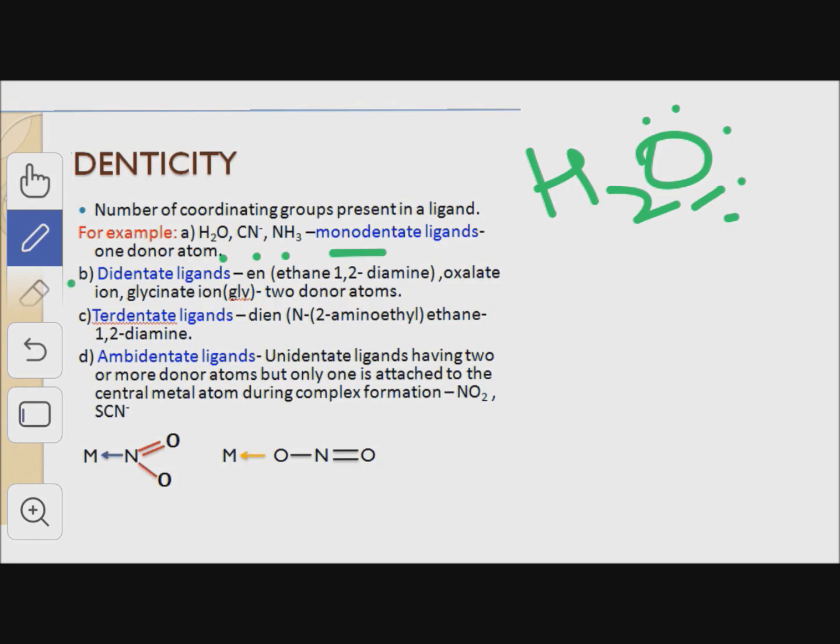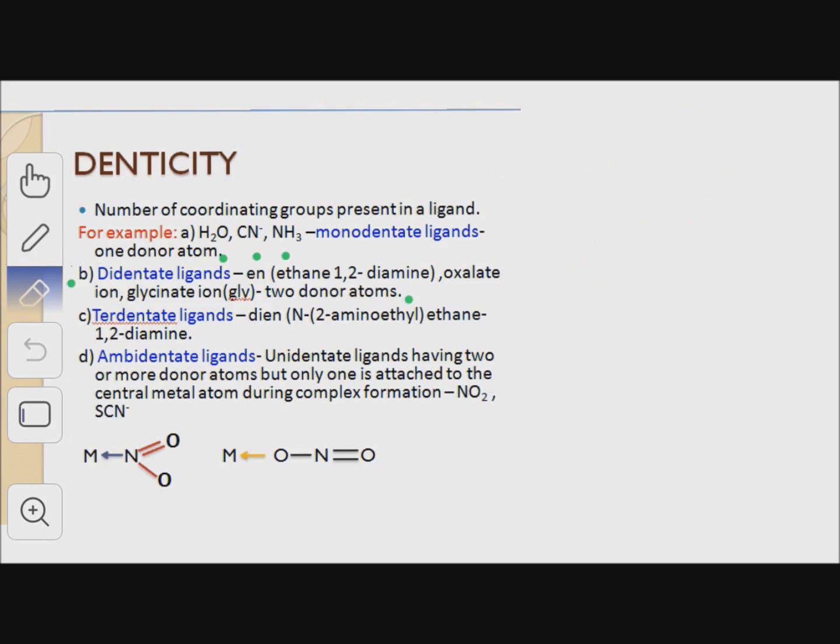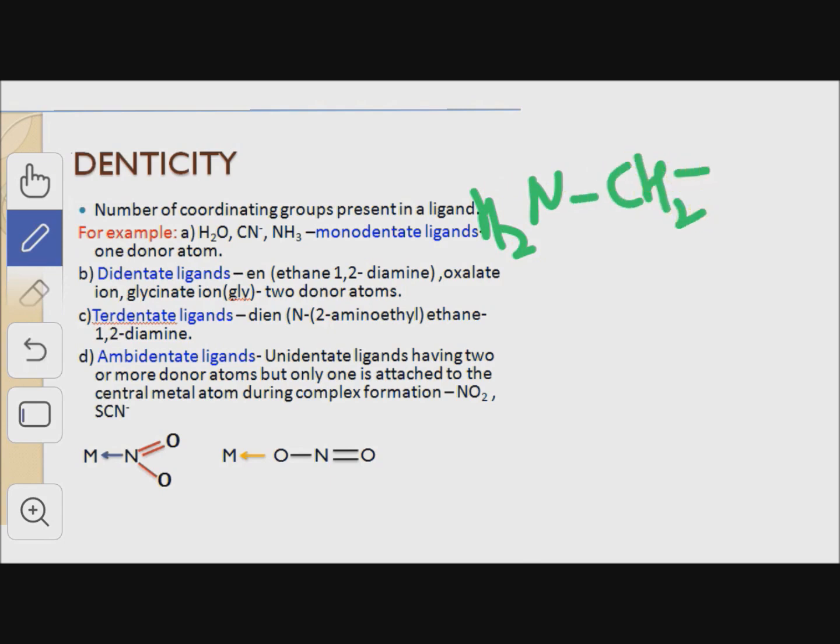And next is the didentate ligand, in which two donor atoms are linked to the central metal atom. For example, en. En is the abbreviation of ethane 1,2-diamine and its formula is NH2 CH2 CH2 NH2.